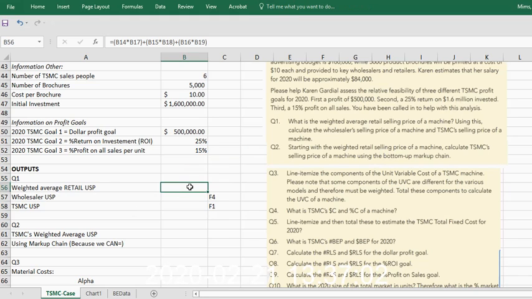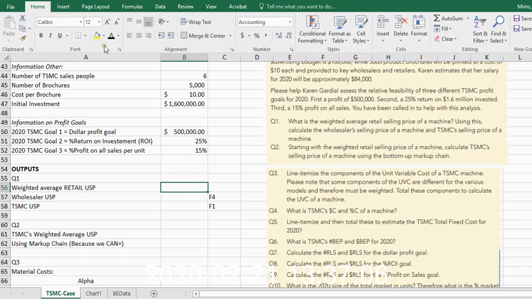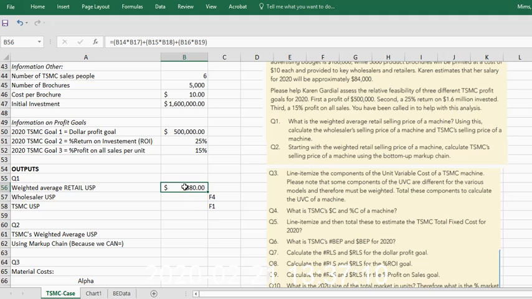Well, let's see how we're going to accomplish that. We're going to accomplish that by taking each of the retail selling prices and multiplying them times their relationship or percentage of sales at the manufacturer's level. So let's take a look at what I've highlighted here.